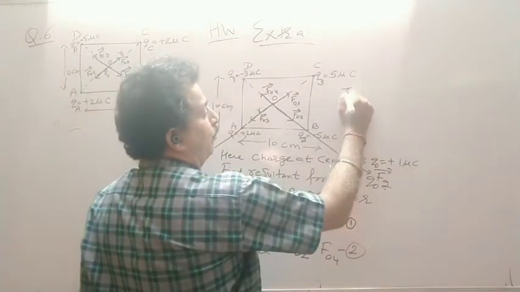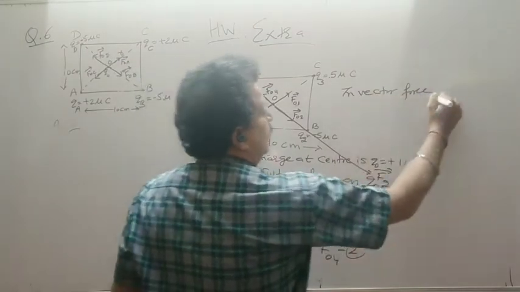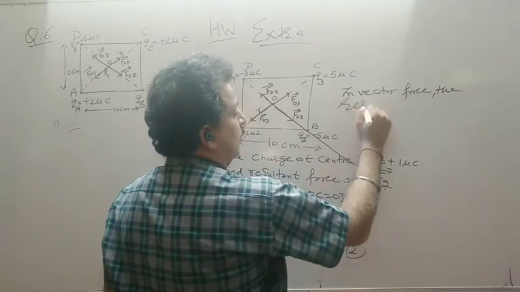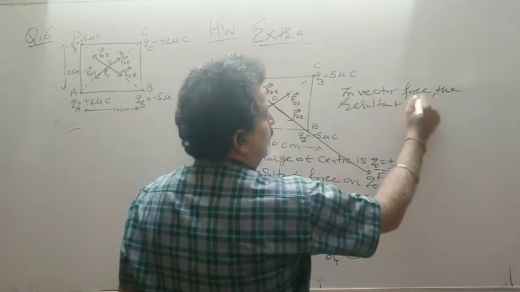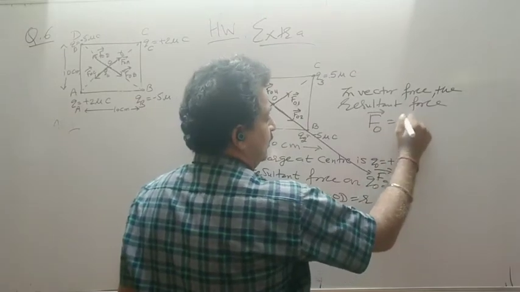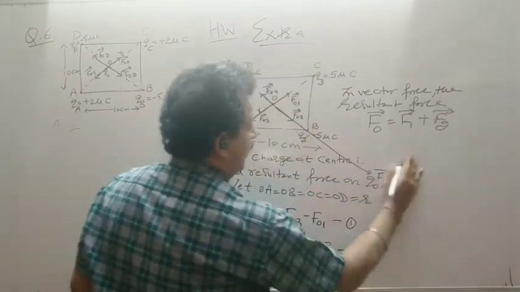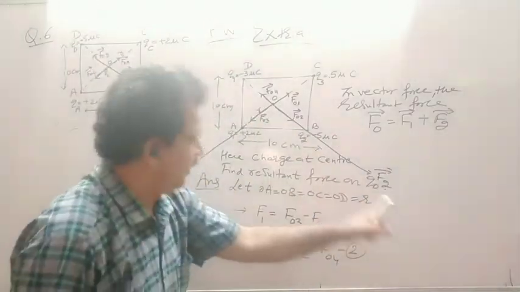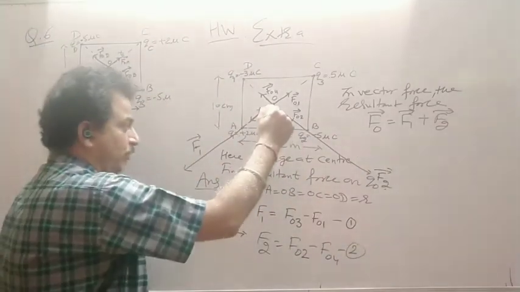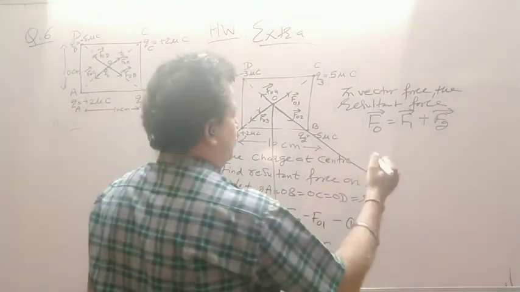In vector form, the resultant force F naught is written as F1 plus F2. Clearly, if one force is in this direction and one is in this direction, you will get the resultant at the center. Now the magnitude.